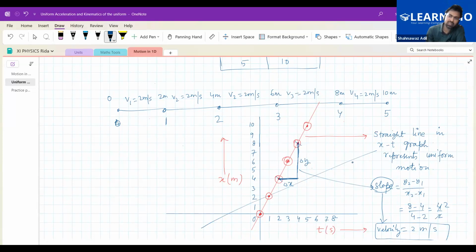Whenever you get a straight line in the xt graph, the motion is uniform motion. Is it clear? Yes, sir.